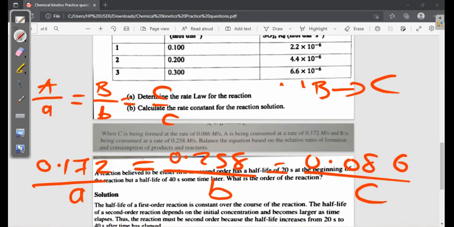Divide by the smallest one, which in this case is this one. Whatever you get on top are the stoichiometric coefficients with respect to the reactants and the products.